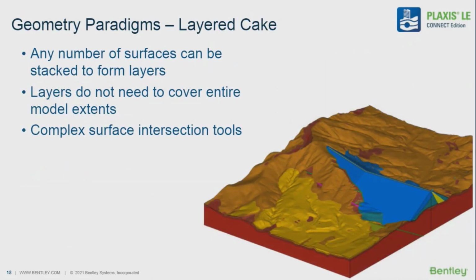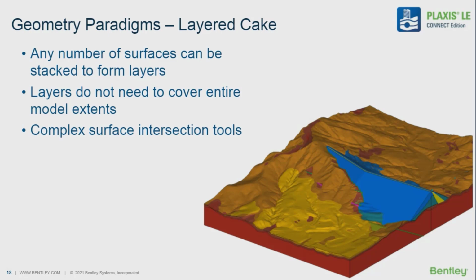In terms of layered cake, imagine that for some complex models, we cannot stay only with layered cake scenarios, because sometimes we may identify complex surface intersections, and you may need additional adjustments, etc., and consequently it will increase the modeling time.